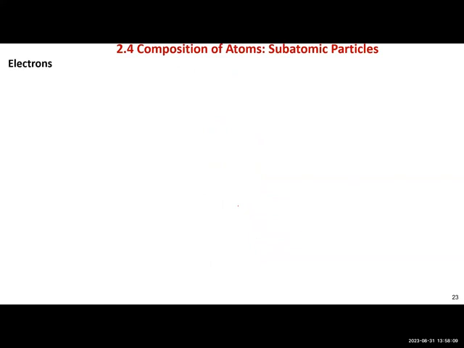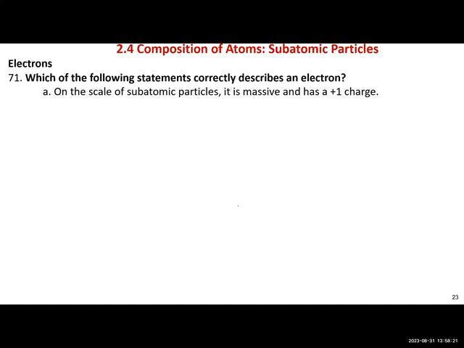We're going to answer a few questions here. Which of the following statements correctly describes an electron? On the scale of subatomic particles, it has a positive 1 charge. That's false. It's negative 1. On the scale of subatomic particles, it has a negative charge.